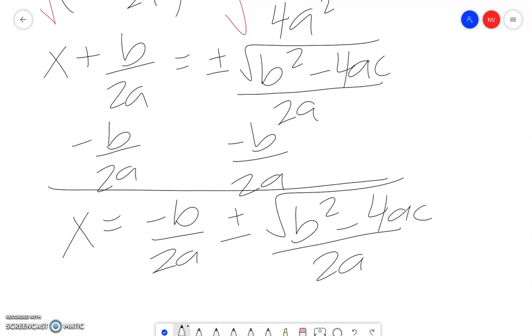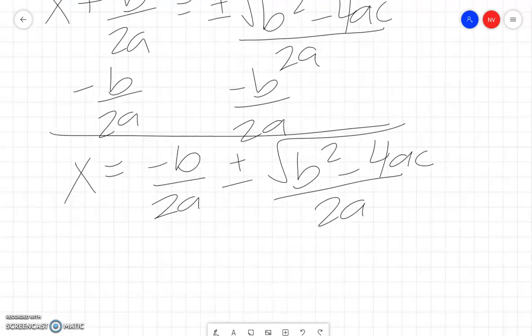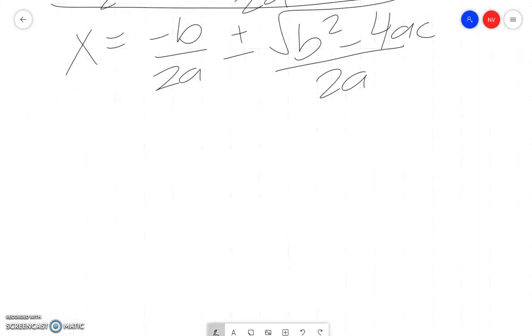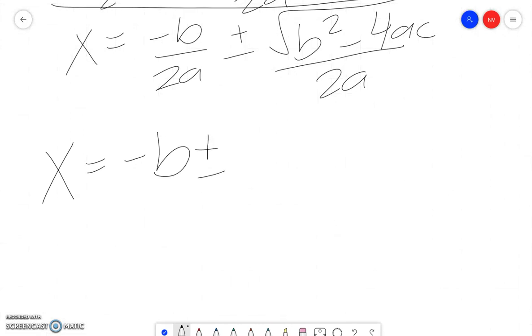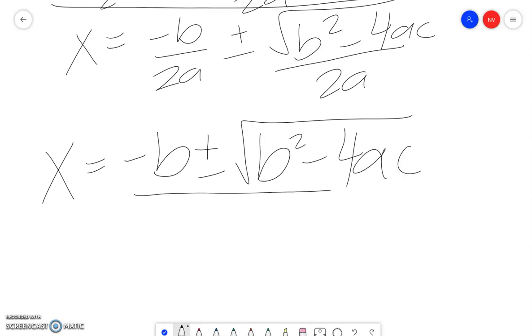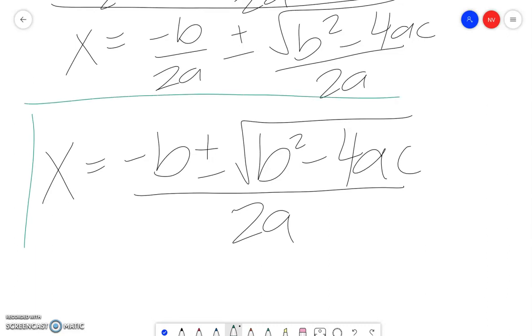So since they have the same denominator, we can combine the numerators together. So that is going to give us x equals negative b plus or minus square root of b squared minus 4ac, all over the same 2a, which is our quadratic formula.